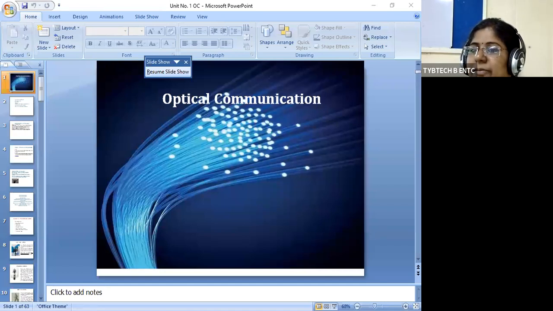It is 125 micrometers. Its dimensions, like the radius, are also in micrometers, and the weight is also very low. So that is the next advantage, small size and lightweight. Obviously it will be easy to implement in any system.